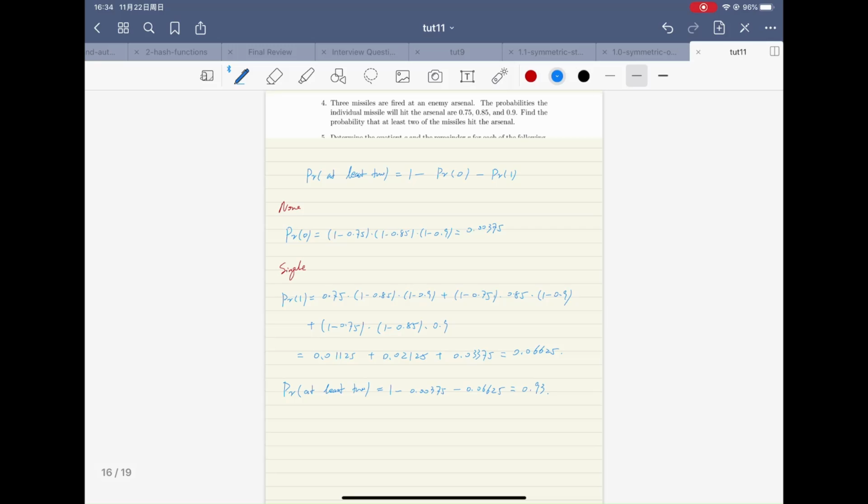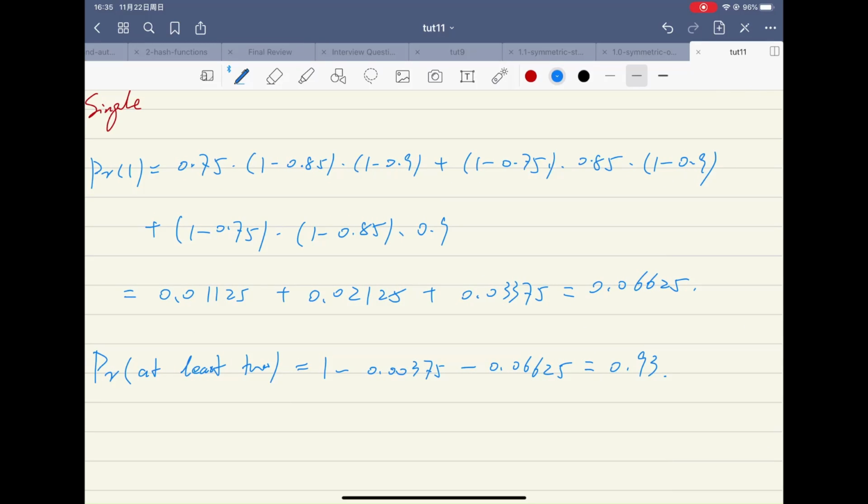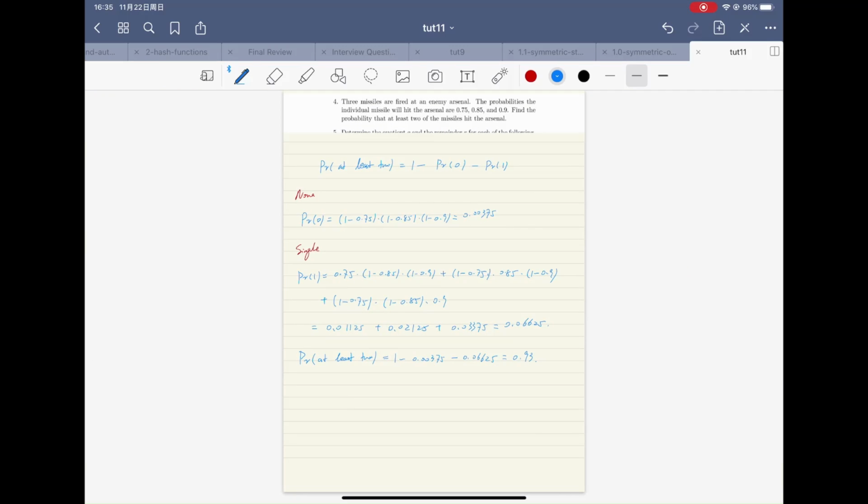If you want, you can verify by adding the probability of exactly 2 missiles hitting the arsenal and all 3 hitting the arsenal. That will be the same as 0.93. Yeah, I have verified that. That's exactly the same. You can do that yourself, you can take that as a practice.